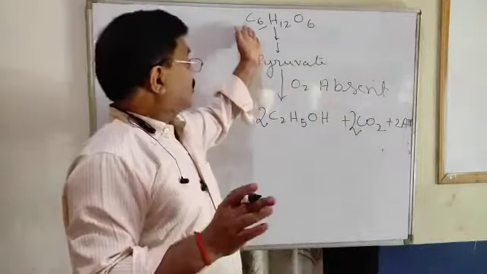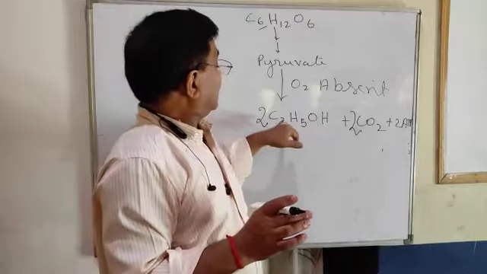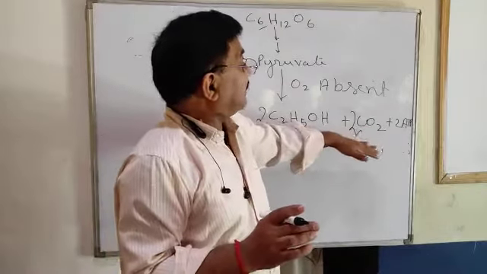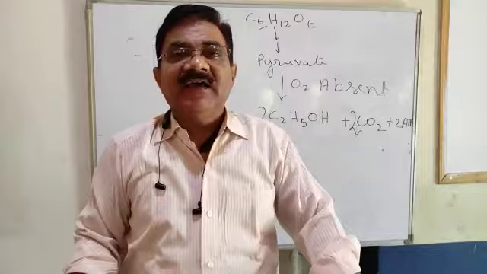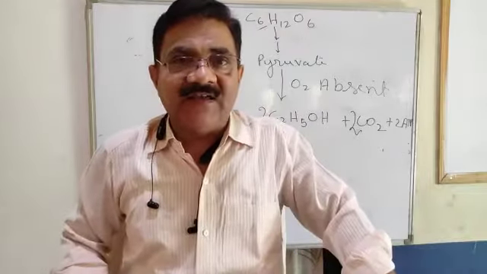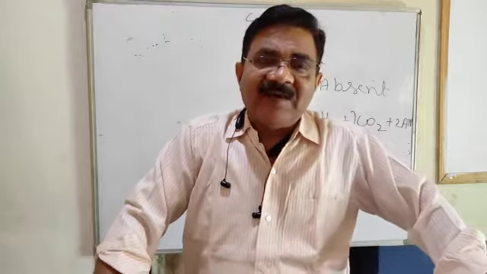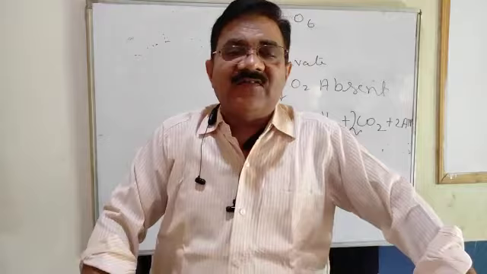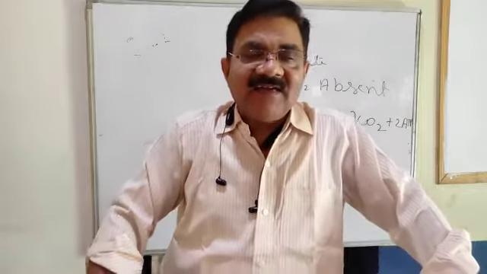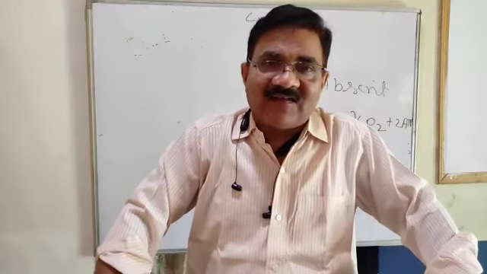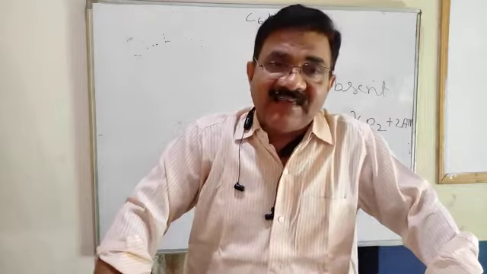Glucose breaks to form ethanol, carbon dioxide and 2 ATP energy, and such type of respiration is called anaerobic respiration because it takes place in insufficient oxygen or in the absence of oxygen.